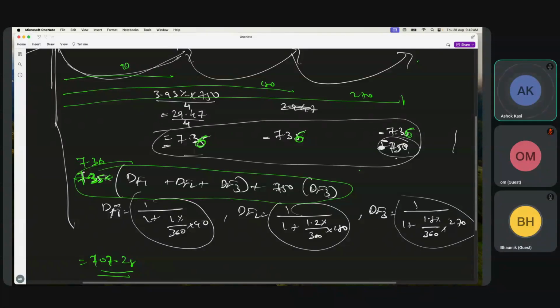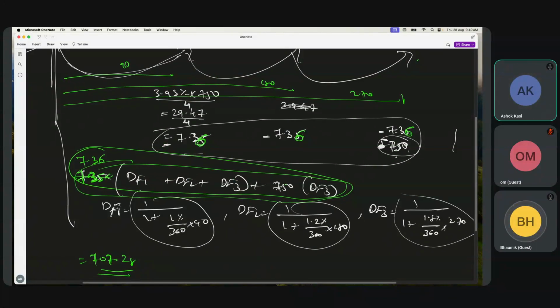One more thing, did you take 750 here only, right? Sir, we are only calculating the part that we have done in yellow, no? What about the lower part? I have calculated DF1 plus DF2 plus DF3 plus 750 into DF3, and the lower part, 1 divided by 1 plus, is all factored in here, correct?